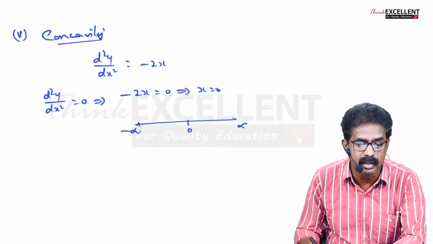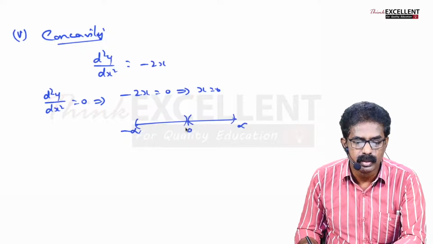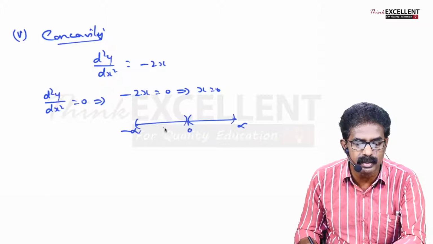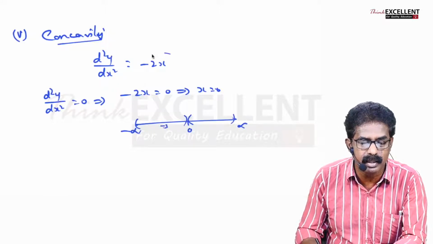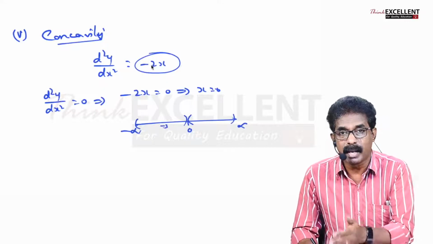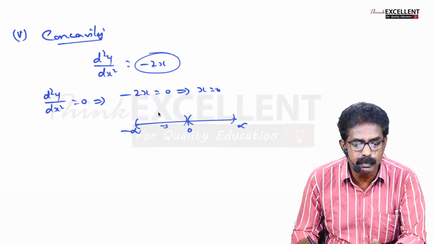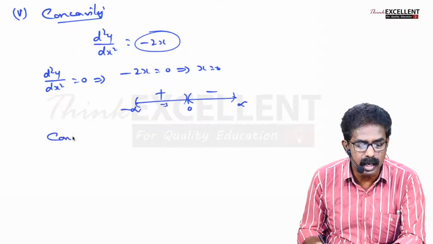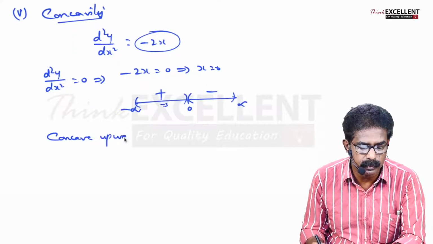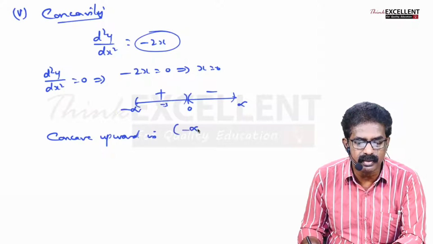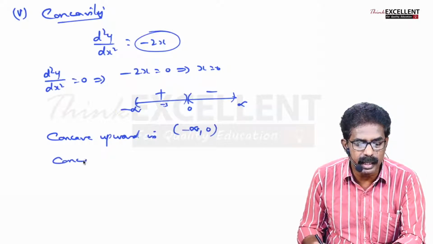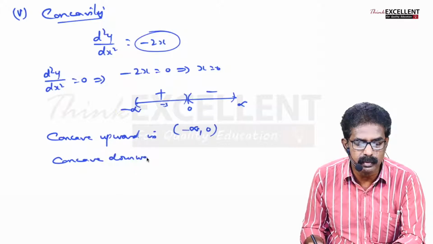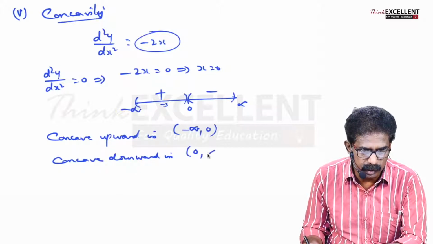So the two intervals are minus infinity to 0, and 0 to infinity. Give a value, suppose I am giving minus 3. If I give minus 3 here, minus 2 into minus 3 is plus 3, right? So here it is positive, so concave upward, here it is concave downward. Concave upward in minus infinity comma 0, concave downward in 0 comma infinity.